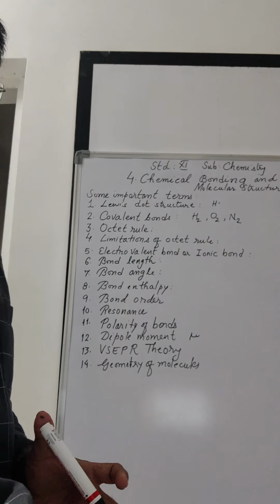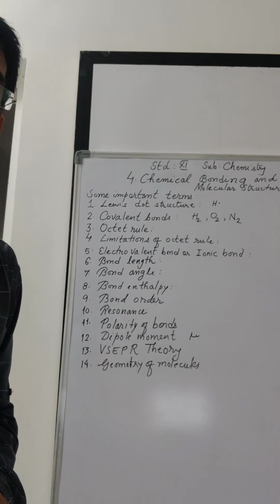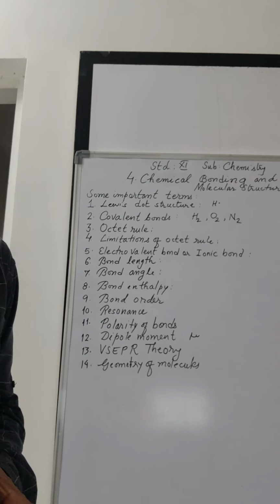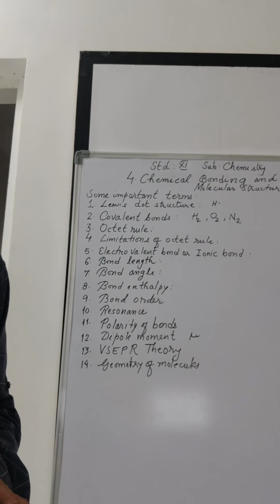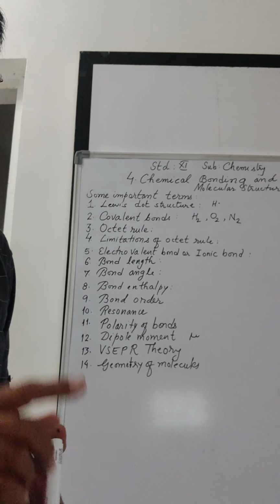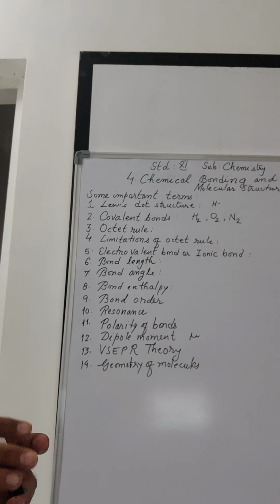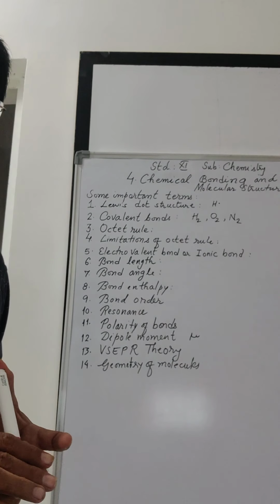Bond pair 3, shape trigonal planar, example BCl3. And bond pair is 2 and lone pair is 1, shape is bent, example is SO2.